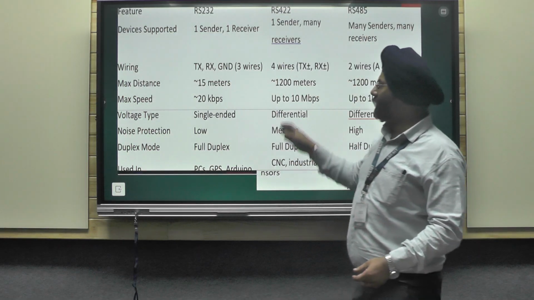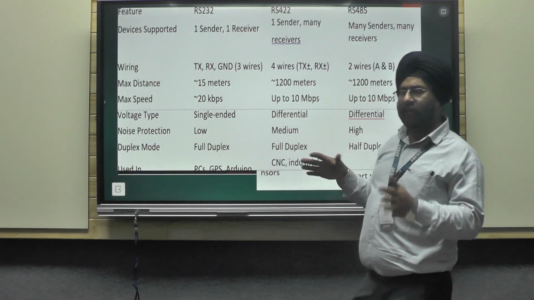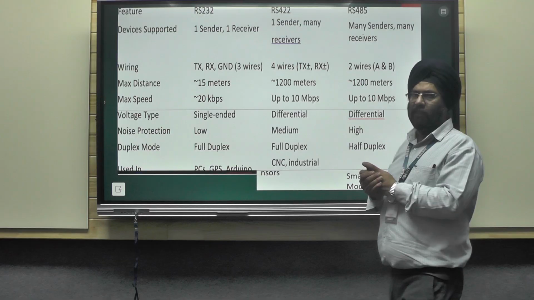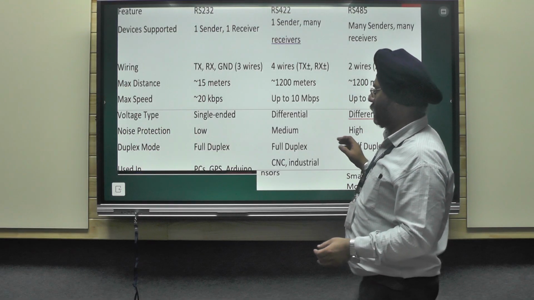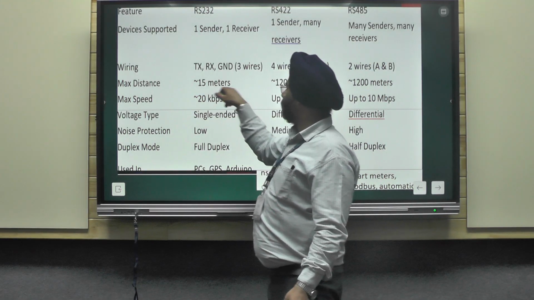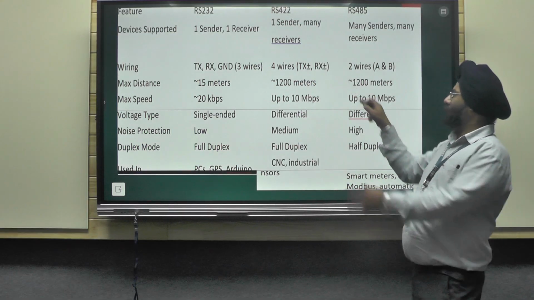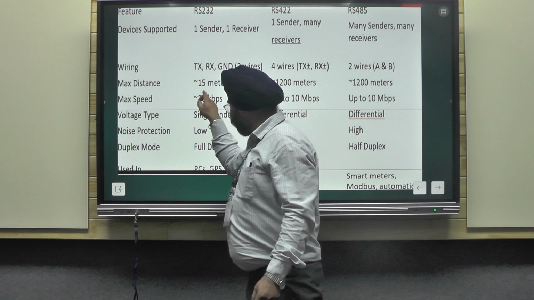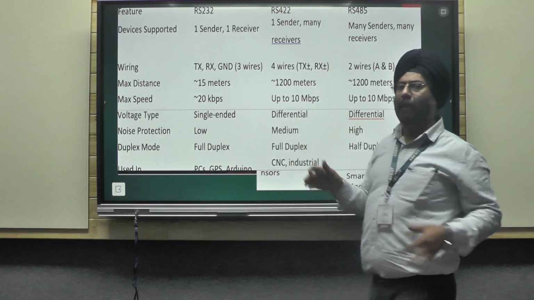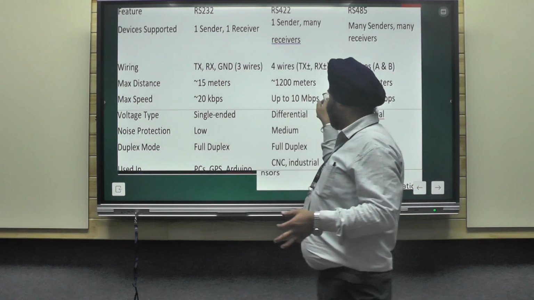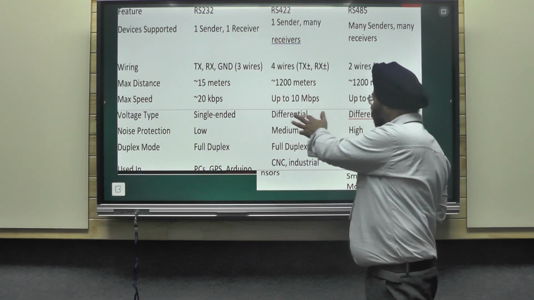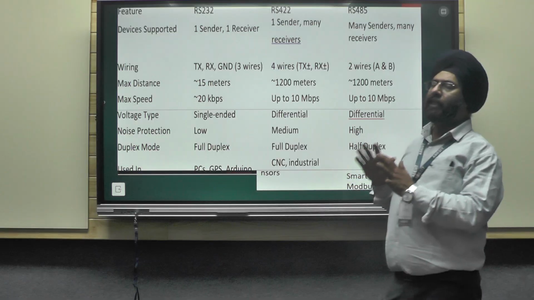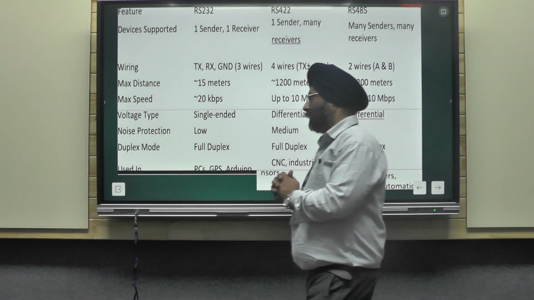Wires: transmitter, receiver, ground; 4 wire, transmitter plus, transmitter minus, receiver plus, receiver minus; 2 wire, A and B. Maximum distance 15 meters versus 1200 meters; these two parameters are almost the same. Speed up to 20 kbps to 1 Mbps, then up to 10 Mbps, up to 10 Mbps. Distance and speed wise, the second and third are the same.